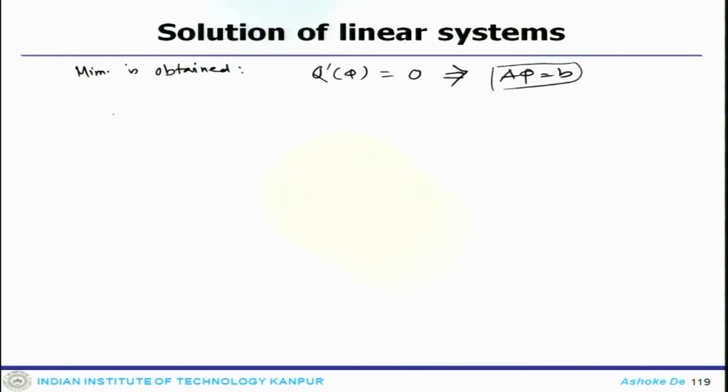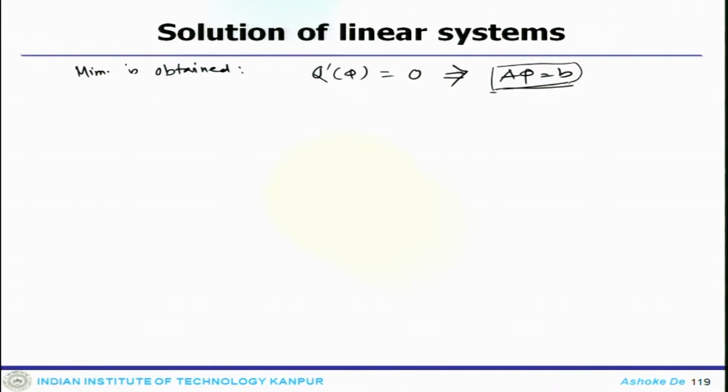Therefore, minimizing this Q phi is equivalent to solving this equation, and the solution of the minimization problem actually gives you the solution of the linear system. So, that is the equivalency one can show.